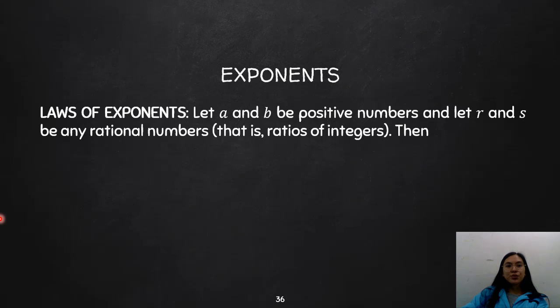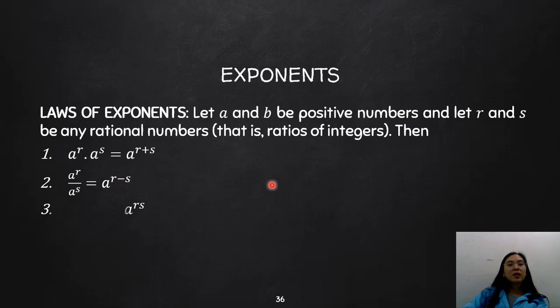So let's go to the laws of your exponents. If we let a and b be positive numbers and let r and s be any rational numbers, that is, ratios of integers, then you have your first rule: a raised to r multiplied by a raised to s is simply a raised to r plus s, and a raised to r divided by a raised to s is equal to a raised to r minus s.